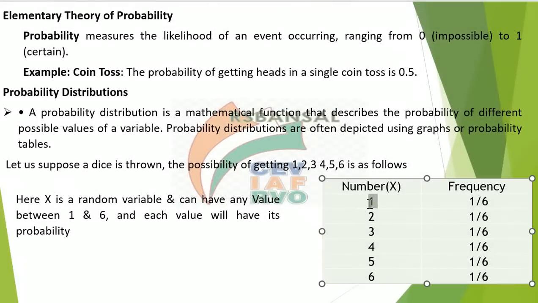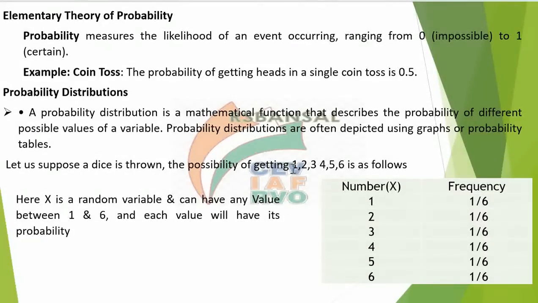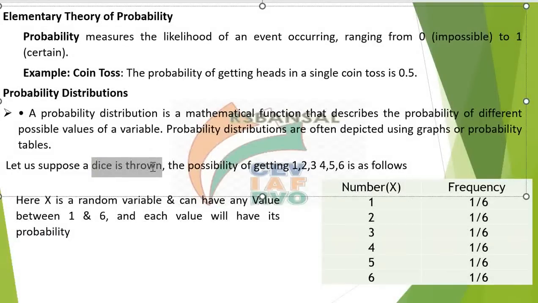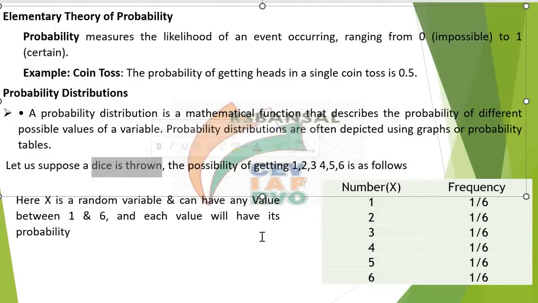a probability of 1 upon 6, because the dice is thrown once, which means the number of events is 1 and the number of possible outcomes is 6. In each case, the number of possible outcomes will remain the same.